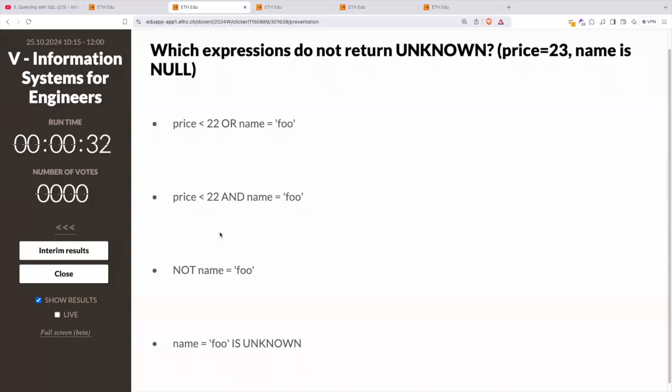So which ones do not return unknown? So which are the ones that you can successfully evaluate to true or false? You remember SQL has 3 valued logic. It means that when you evaluate predicates, it can be true, it can be false, or unknown.